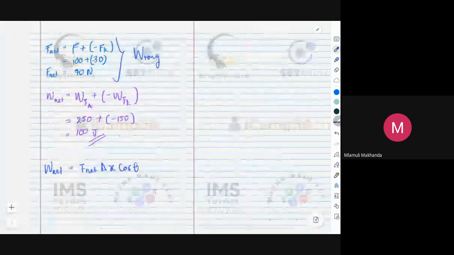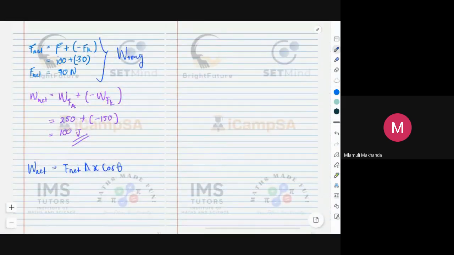You'd have to use the X component, the one that I was showing you here. So we are going to have to calculate Fx. Fx would be F cos theta, equal to 100 cos 60, which should be something like 50 newtons.